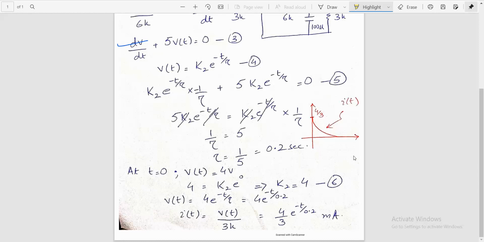At time t is equal to 0, this value of current comes out to be 4 by 3. So mark 4 by 3 on the y-axis, and since it is a decaying exponential, minus t over 0.2, draw a decaying exponential which is ending in the x-axis. I have drawn it for you. This is the simplest technique to draw the response, right? Thank you very much.